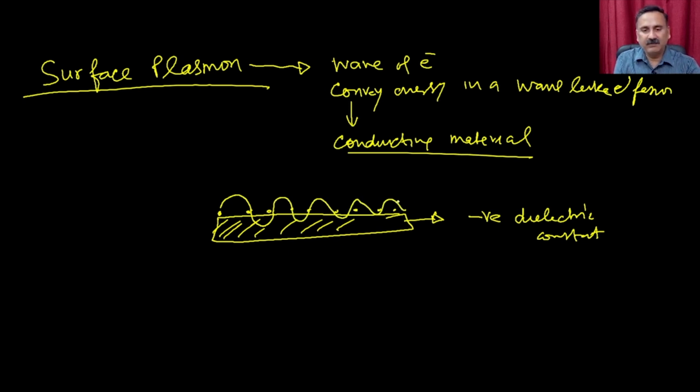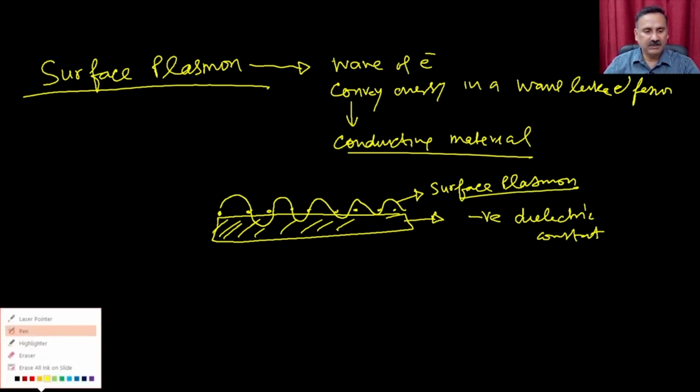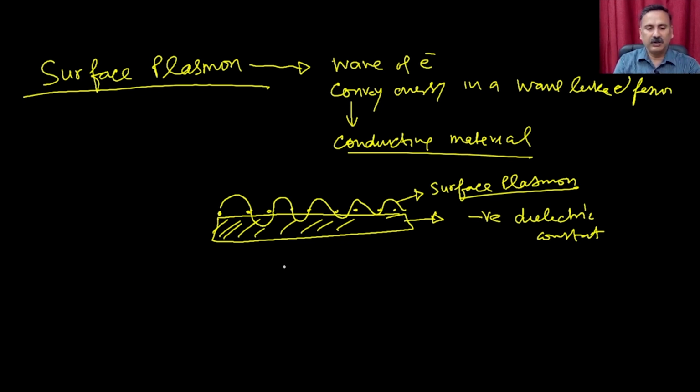Because it is happening on the surface, it is going to be called the surface plasmon. But it doesn't happen until you have any kind of modification in the top surface. If you have two gold particles, one next to another, then there will be no surface plasmon formed.